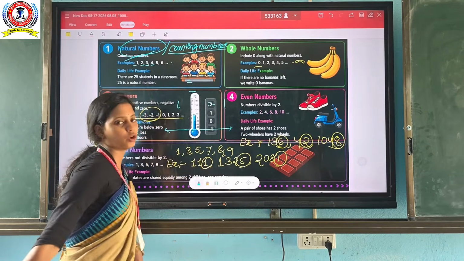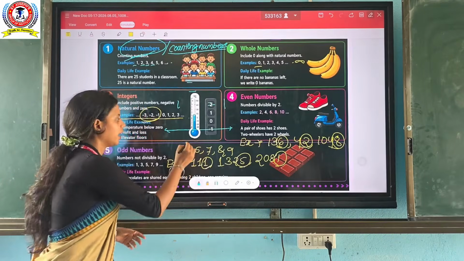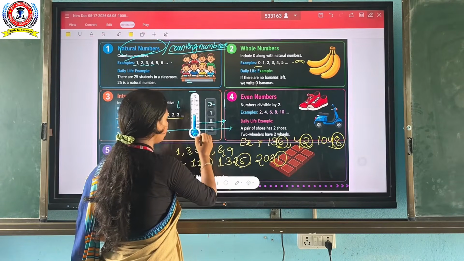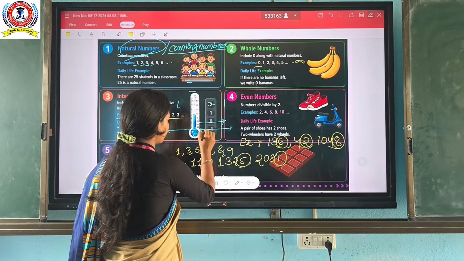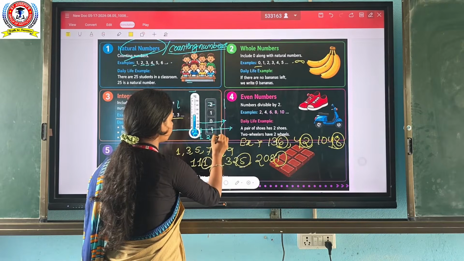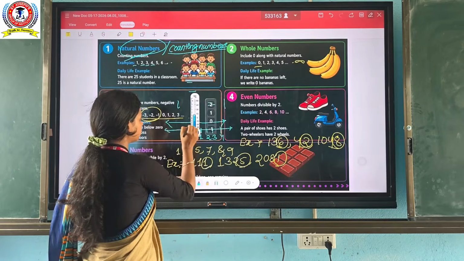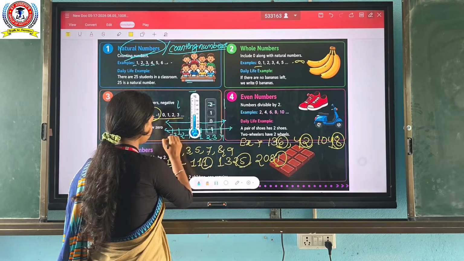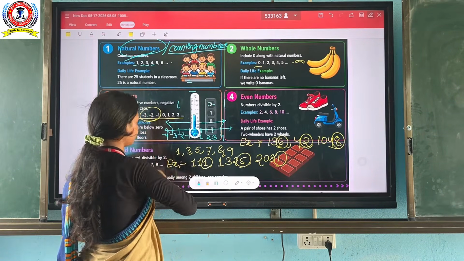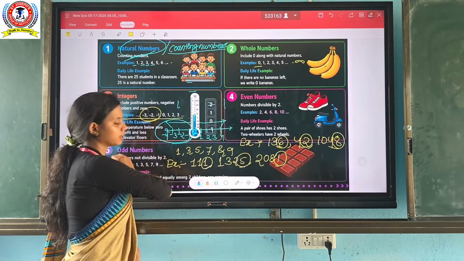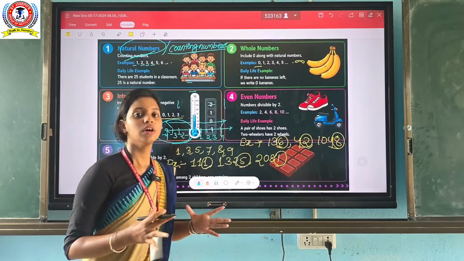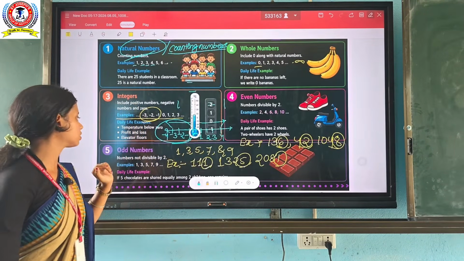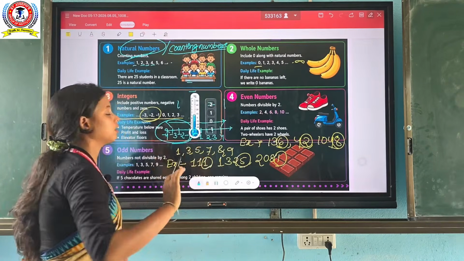If I draw a number line here, in a number line there is 0 in the middle, and on the right there are all positive numbers: 1, 2, 3, 4. And on the left, all negative numbers. So below 0 there are all negative numbers. We use integers in our daily life to know temperature below 0, profit and loss. So this is the use of integers.